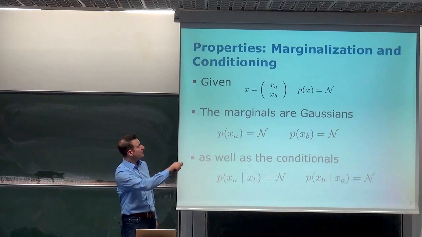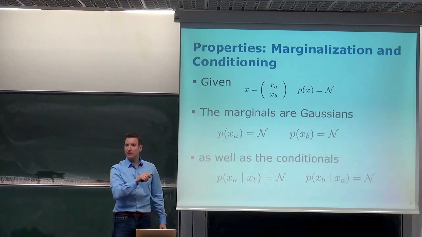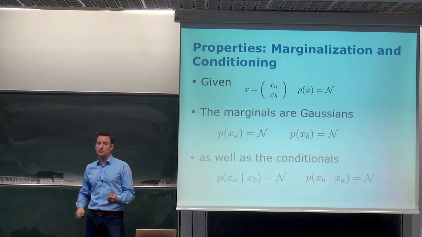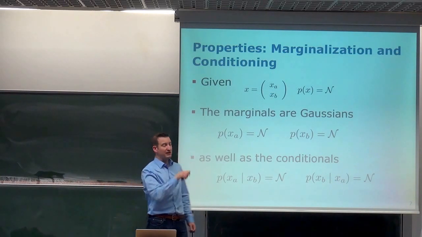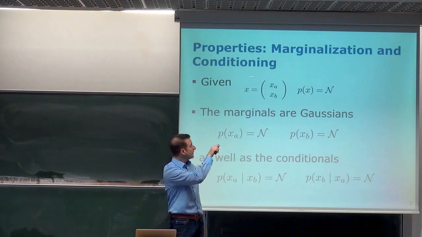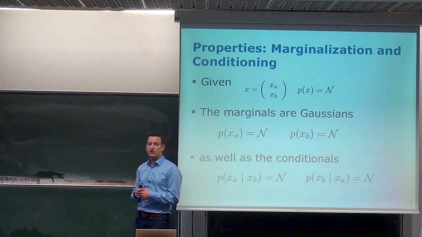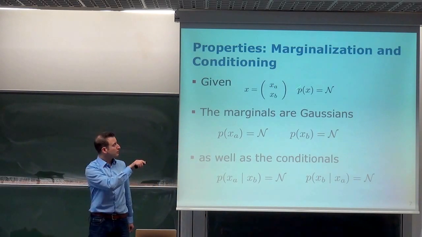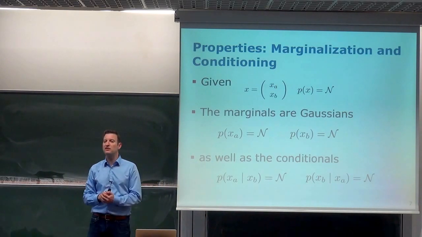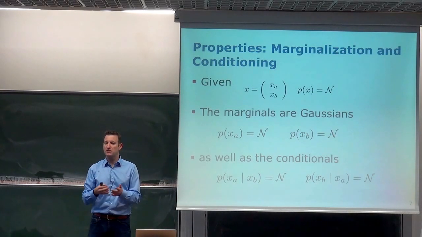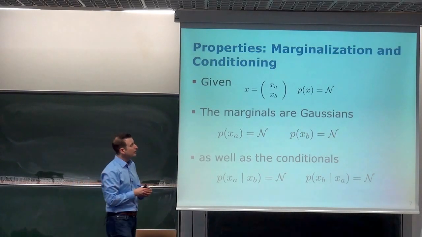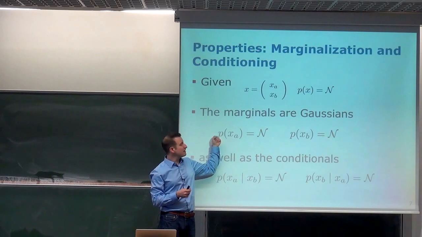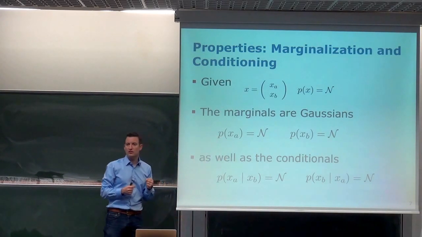If we have a random variable which can be split up into two components, they can be one-dimensional, they can also be multi-dimensional. And I know that the whole state vector is distributed according to a Gaussian. So this probability distribution P of x is a Gaussian with a mean and covariance matrix. Then I know that the marginal distributions are also Gaussian.